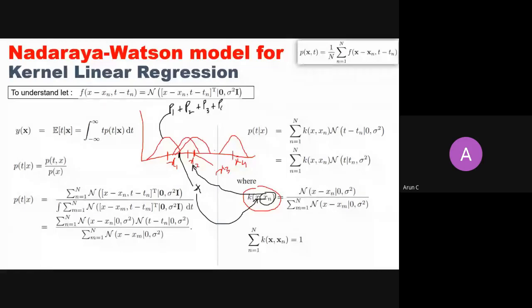Can anybody tell me by unmuting, what is this probability? P1 means what probability? I am saying P1 is the probability from the first Gaussian. What do you mean by this? Anybody can unmute and let me know.